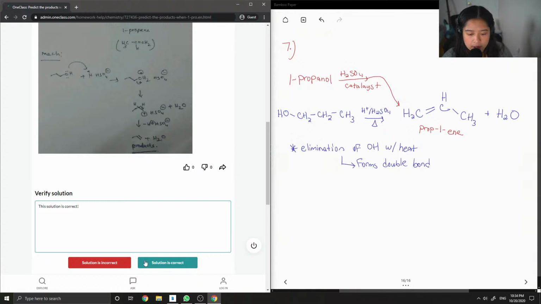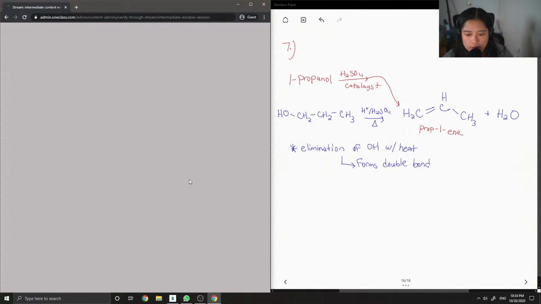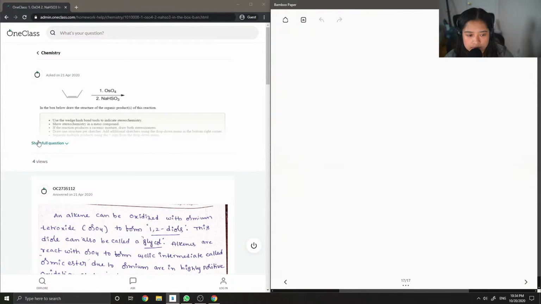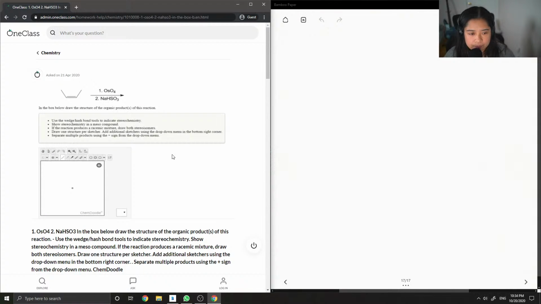Okay, so I think we have room for one more question. In the box below, draw the structure of the organic product of this reaction.